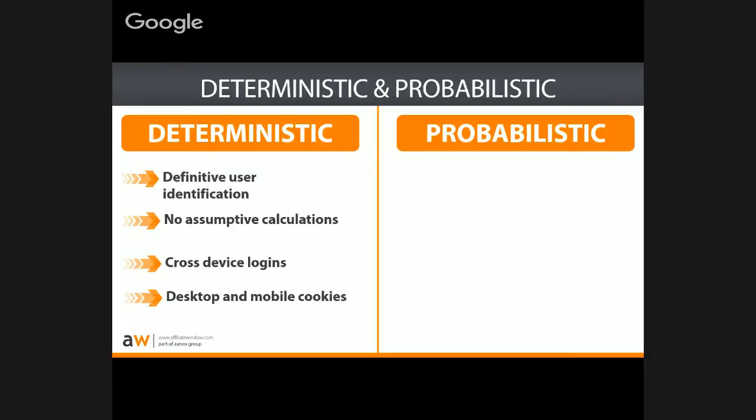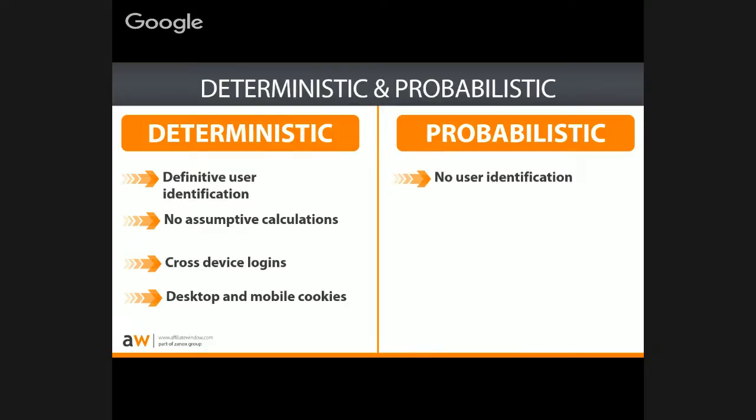Probabilistic, on the other hand, probabilistic cross-device tracking collates a number of anonymous data points. Some examples might be device type, location, operating system, and it matches these together and uses statistical algorithms to create likely matches between devices.